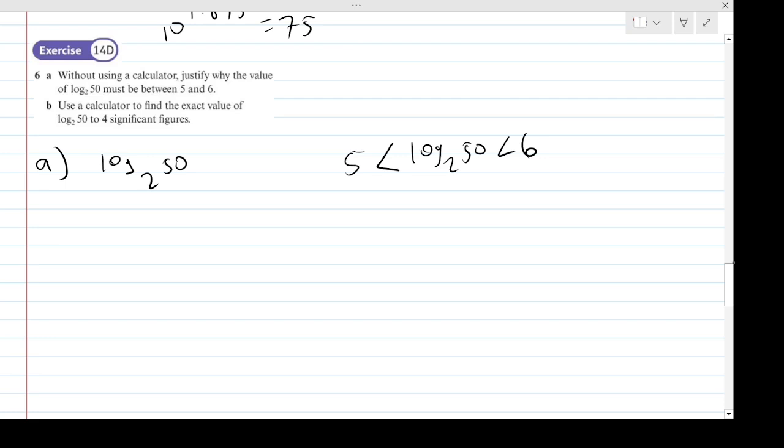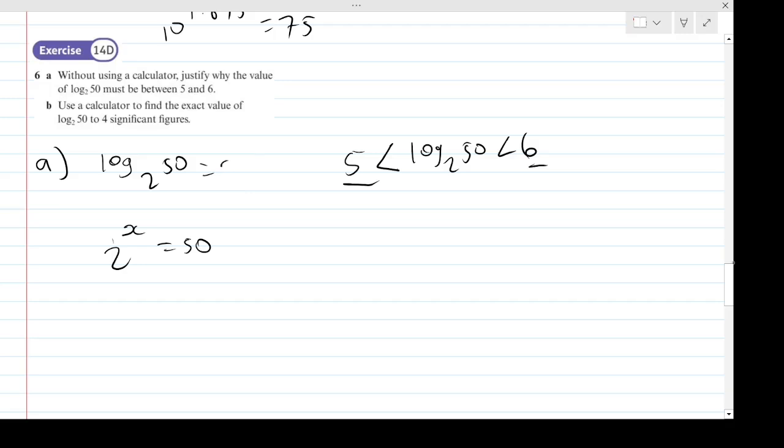What is this log saying? If it's equal to x, let's say, convert that back into exponential form. That's saying the base 2 to the power of x equals 50. If the logarithm is between 5 and 6, what happens if x is 5, and what happens if it's 6?